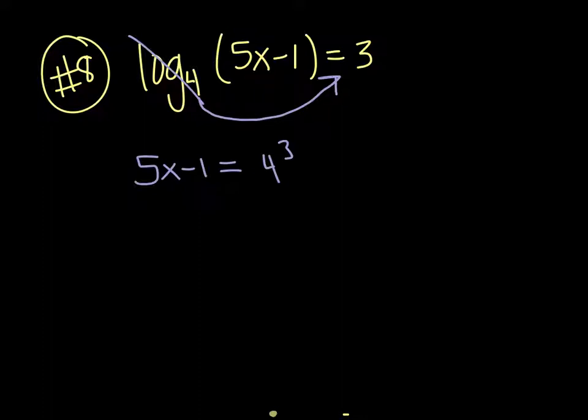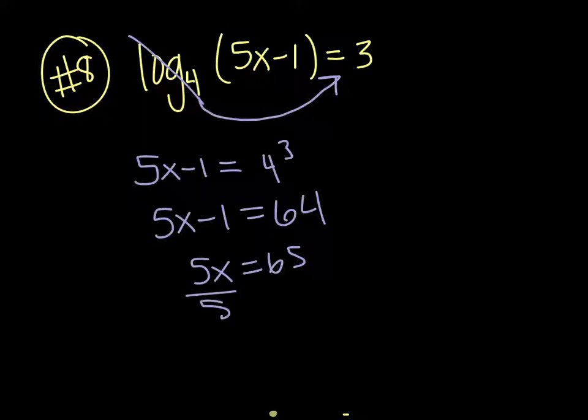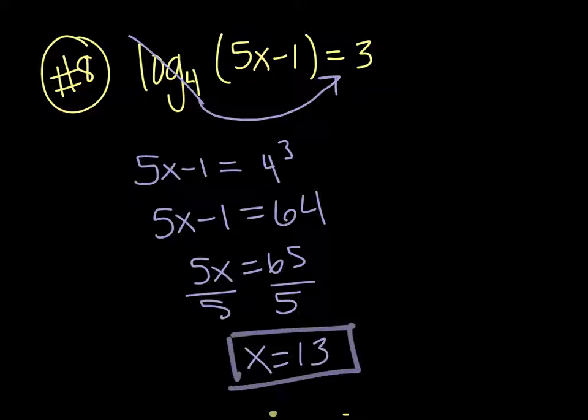So 4 to the third power is 64, and it just becomes a normal equation. Add your 1, and divide by 5, so x will be 13. So far we've learned that we can cancel the logs if there's one on each side, or we can undo the log.